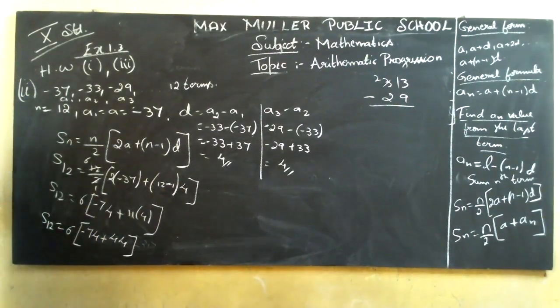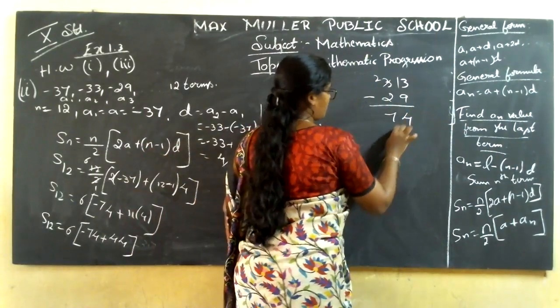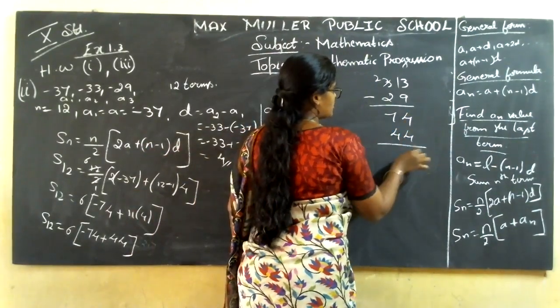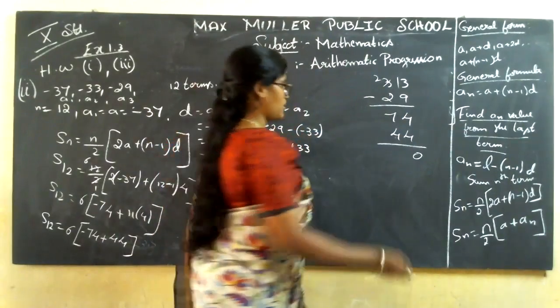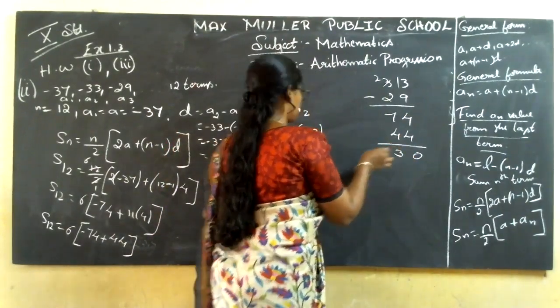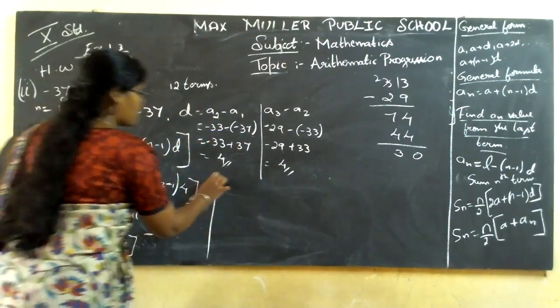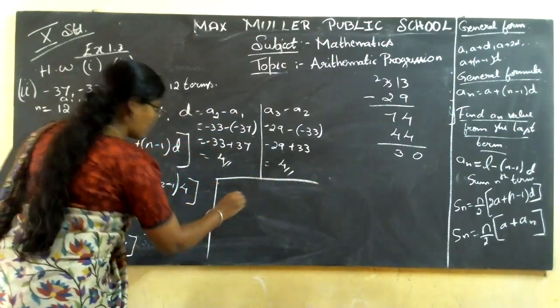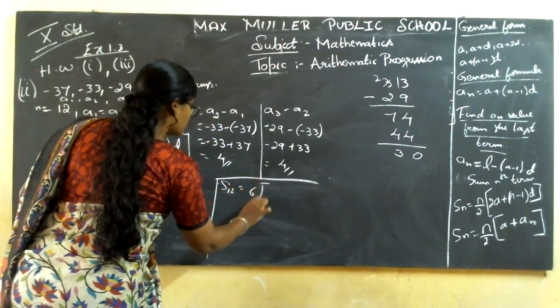Now you need to subtract it as 74 minus 44. 0 and 4. 7 minus 4 is 3. You get it as 30. I'll do it here. So S12 will be equal to 6 into 30.